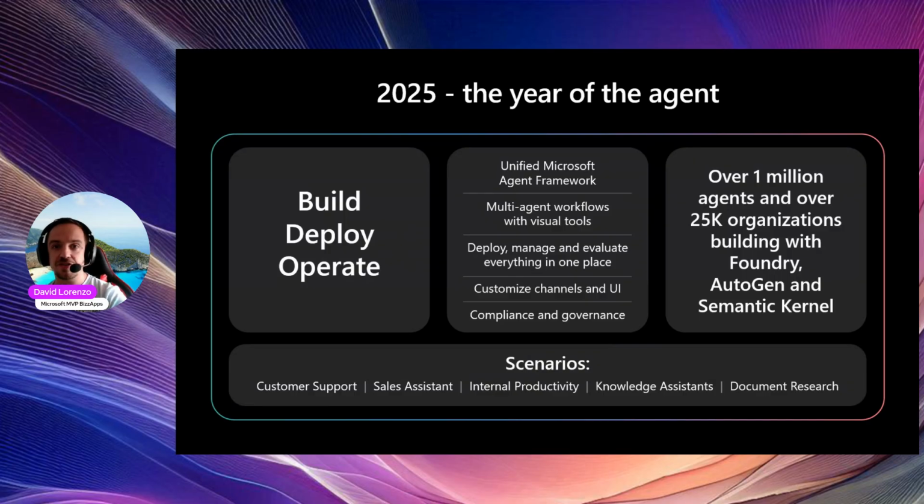Some scenarios where you can implement this multi-agent system are, for example, customer support, sales assistant, internal productivity, knowledge assistant, and document research. In our use case today, we will be implementing a contract reviewer.